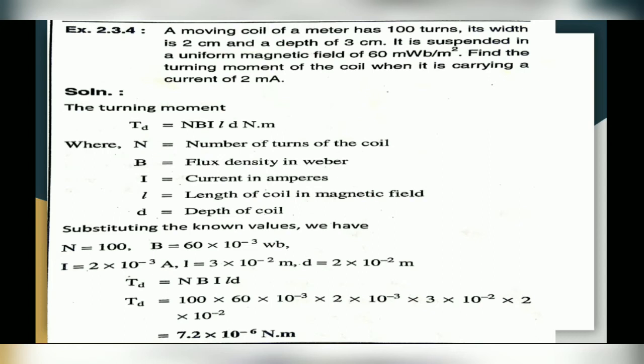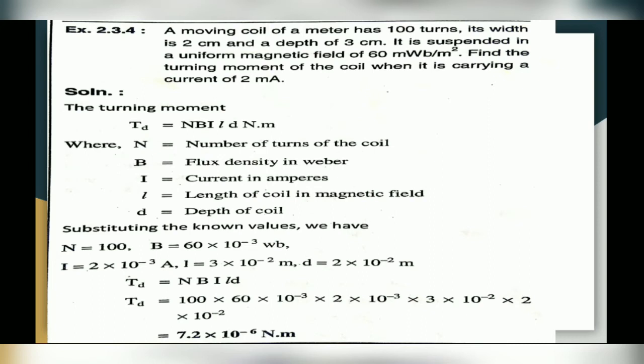So we have N equals 100, B equals 60 into 10 raised to minus 3, I, that is current, is 2 milliampere, which you can write as 2 into 10 raised to minus 3 ampere. L equals 3 centimeter, you can write it as 3 into 10 raised to minus 2 meter. D is 2 centimeter, you can write it as 2 into 10 raised to minus 2 meter.